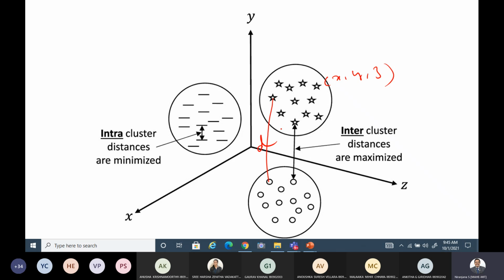Sample distance is small d, maybe city block and so on. Cluster distance could be called D, single linkage. This is the cluster distance. Don't make any confusions. If anybody has any confusions, you can ask.